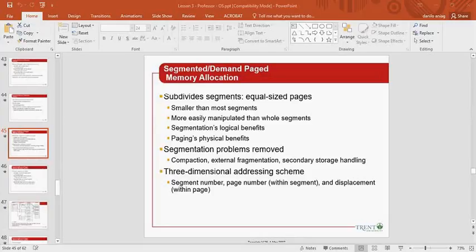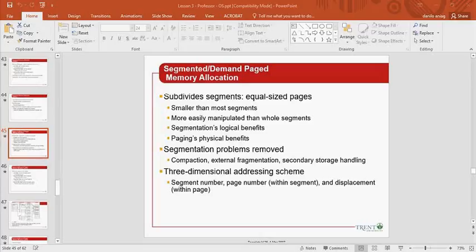The segmented demand page memory allocation scheme evolved from the two we've just discussed. It is a combination of segmentation and demand paging, and it offers the logical benefits of segmentation as well as the physical benefits of paging. The algorithms used by the demand paging and segmented memory management schemes are applied here with only minor modifications.